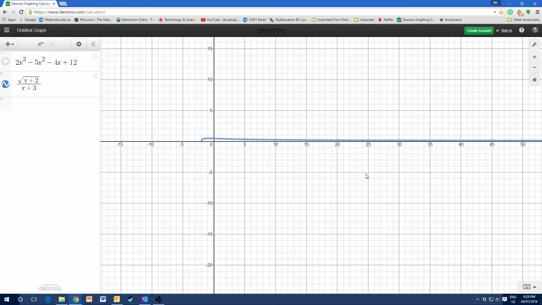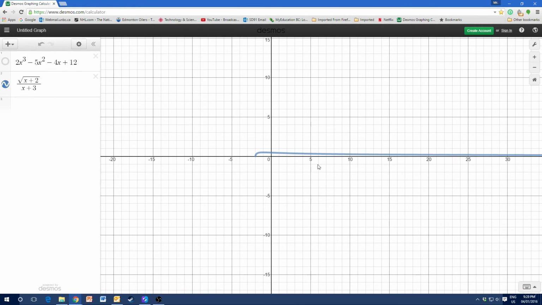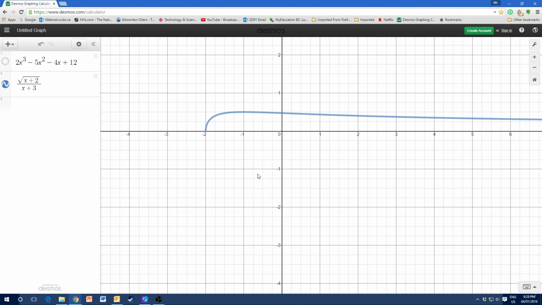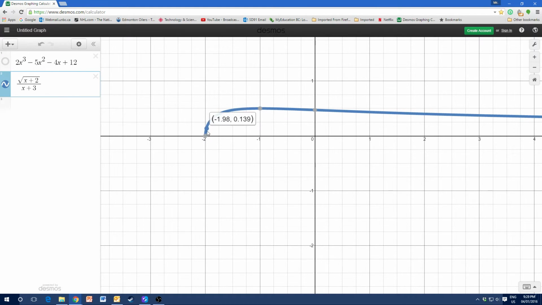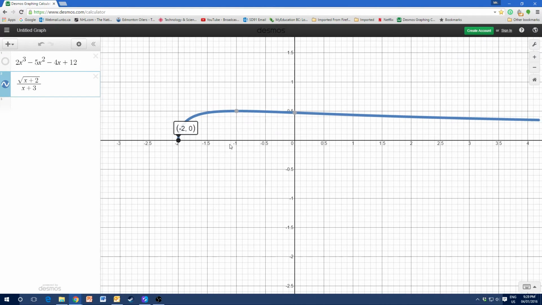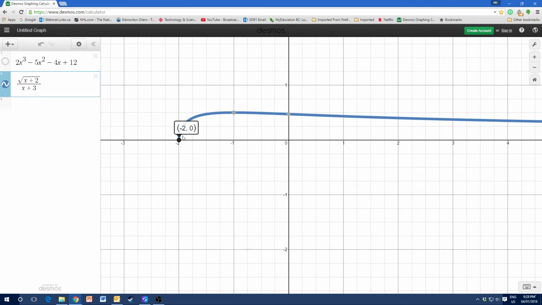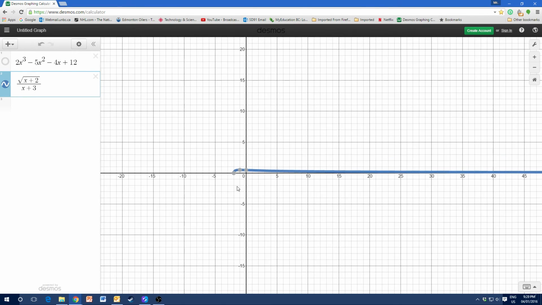This is a little tricky. As you can see, the range looks like it is greater than 0 on this part. Looks like it doesn't get higher than 0.5. So it looks like the highest possible number is 0.5.